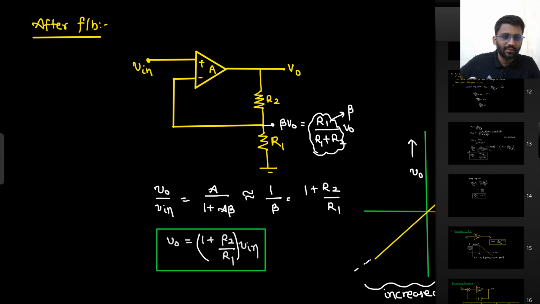So I will write it down. In negative feedback, what happens? First, the system is stable. Second, gain reduces.